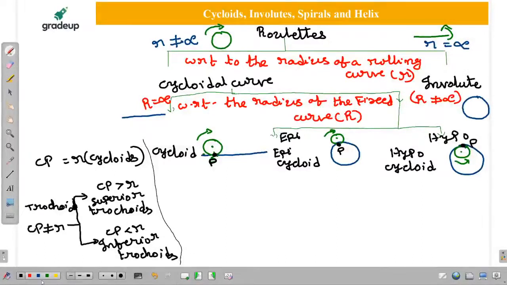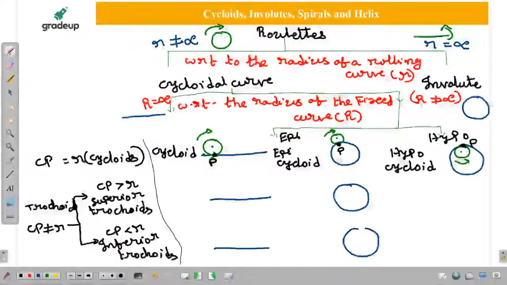Now let us consider what the various names are. I am going to draw the diagrams first, then we can proceed to the various elements again. So it is a straight line. Okay, so fixed circle.